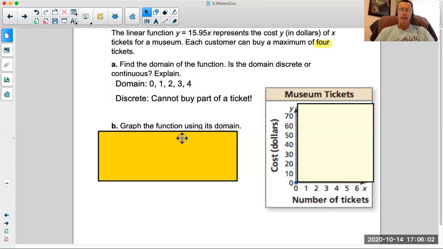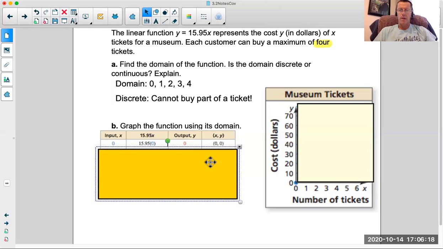Okay, and now we're going to graph the function using the domain. So in other words, notice your labels here, number of tickets and the cost. So if you buy 0 tickets, what's the cost? Yeah, $0, right? So they made this table. You can see here, their input is 0.